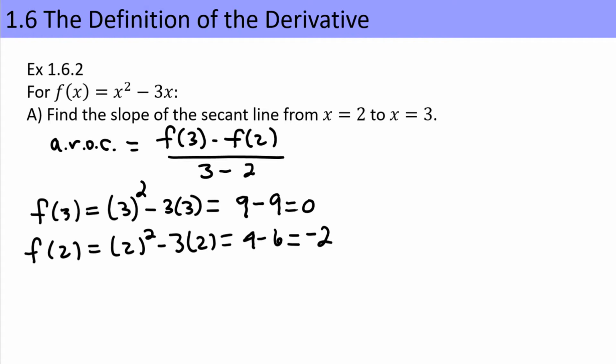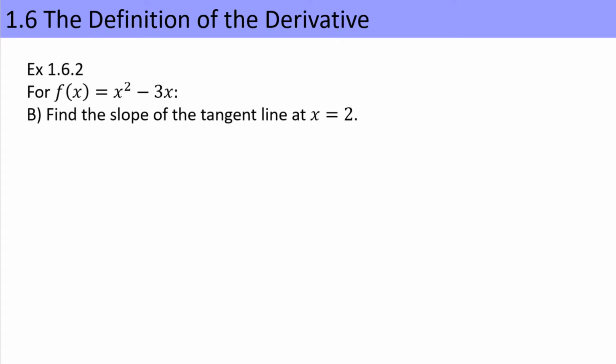So let's replace. For f(3), we evaluated that to be 0, minus f(2), we evaluated to be −2, divided by 3 − 2 is just 1, and so 0 − (−2) is 2. We have evaluated the slope of the secant line from x = 2 to x = 3 to be 2.